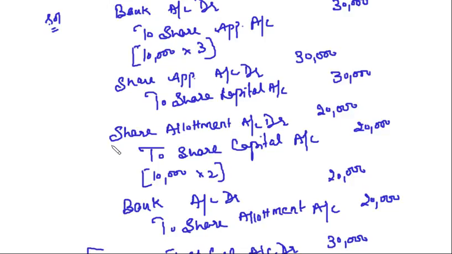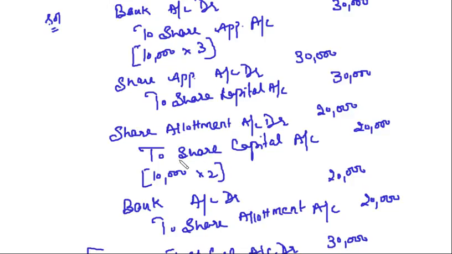You have shown that amount in share capital. But now you have cancelled the subscription. You can no longer show this amount as share capital. What will you do? In this case, what is happening is we are not returning the amount to the defaulting person. But what is the first step?